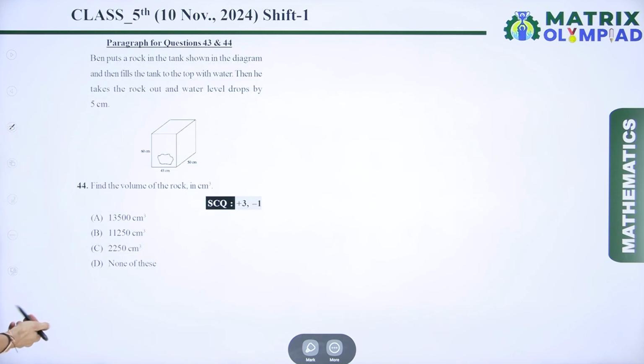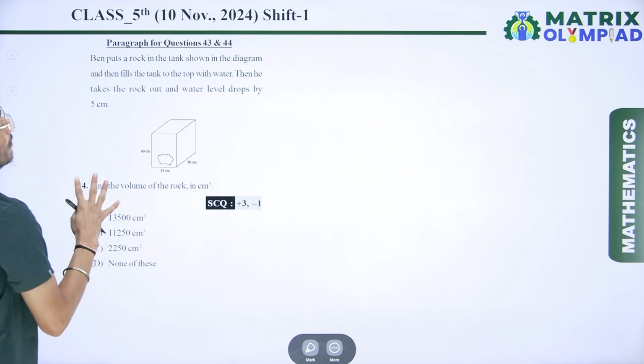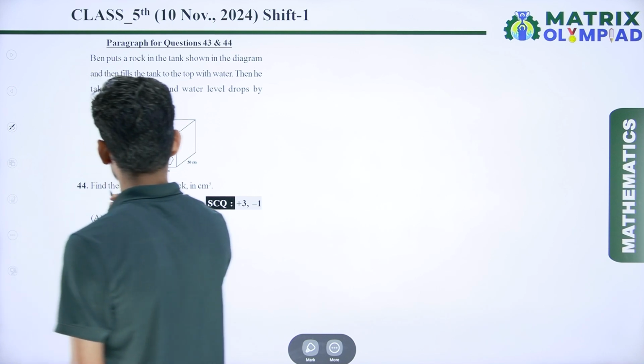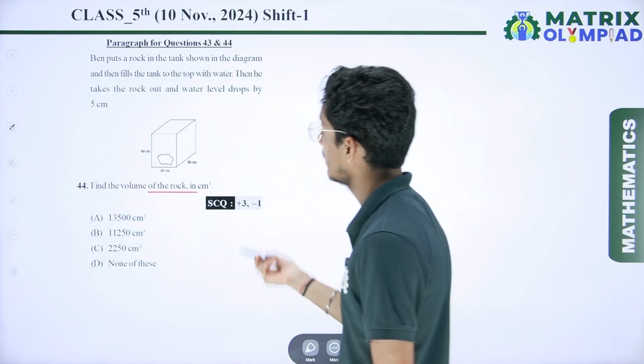Now the next question, which is again based on the same paragraph, and we have to find the volume of the rock in centimeter cube.